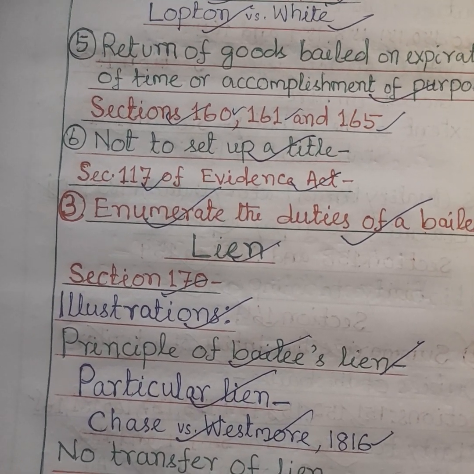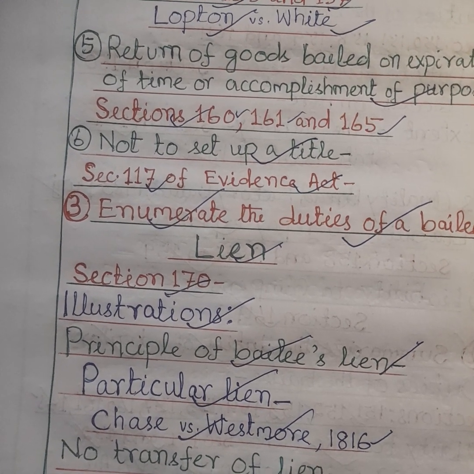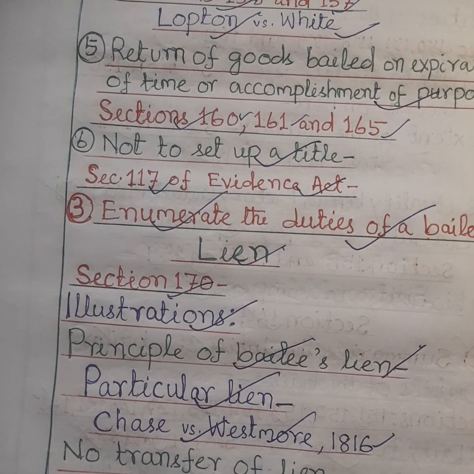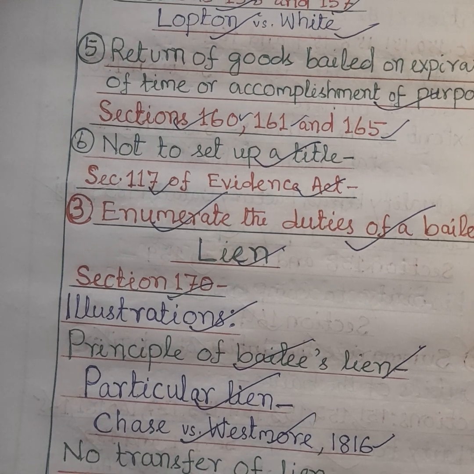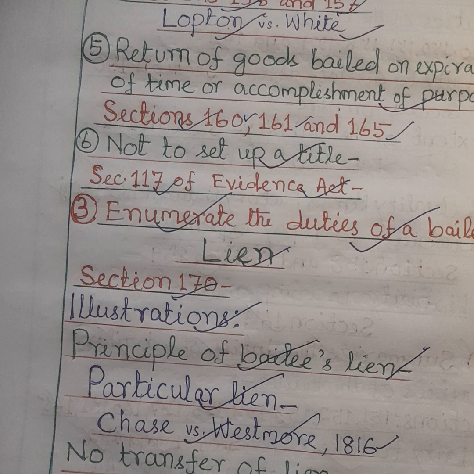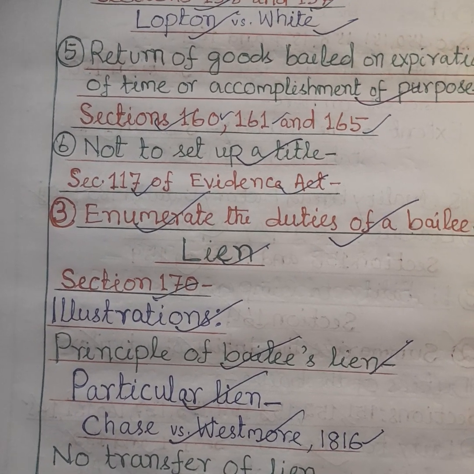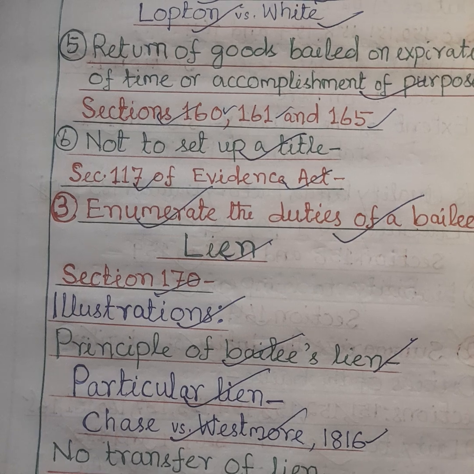For example, in accordance with the purpose of bailment, if service is not rendered in accordance with the terms of the contract, the bailee cannot exercise his right of particular lien.